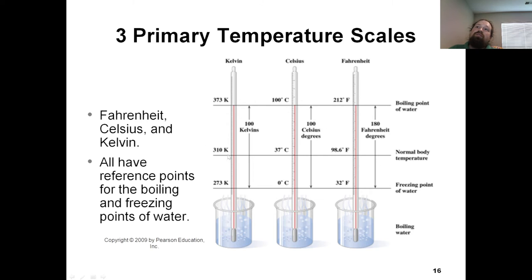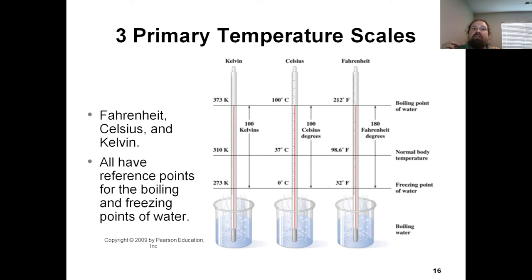And this should give you a good representation of the fact that kelvins and Celsius are really the same thing, because it shows here that there's a 100 numeral difference between freezing and boiling in both scales. Literally, the Kelvin scale is the Celsius scale with 273 added to it, just to offset 0 down to absolute 0.